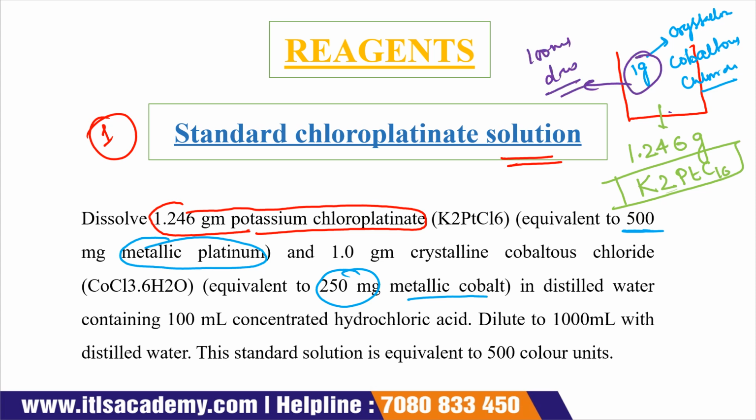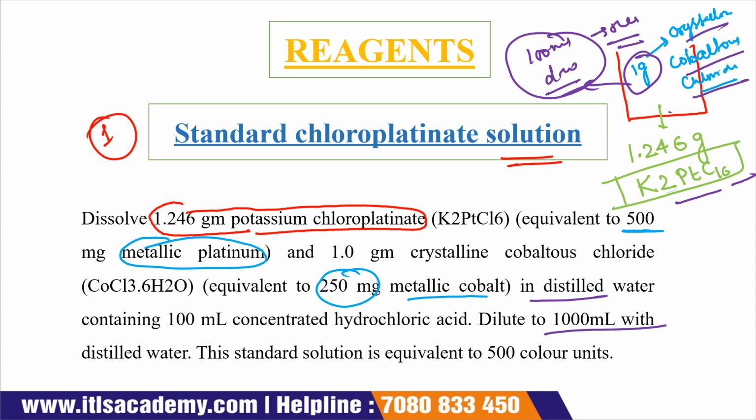All these things are dissolved into 100 ml of distilled water. Now after dissolution, we add HCl, concentrated HCl. After that, again we add 1000 ml of distilled water into it.